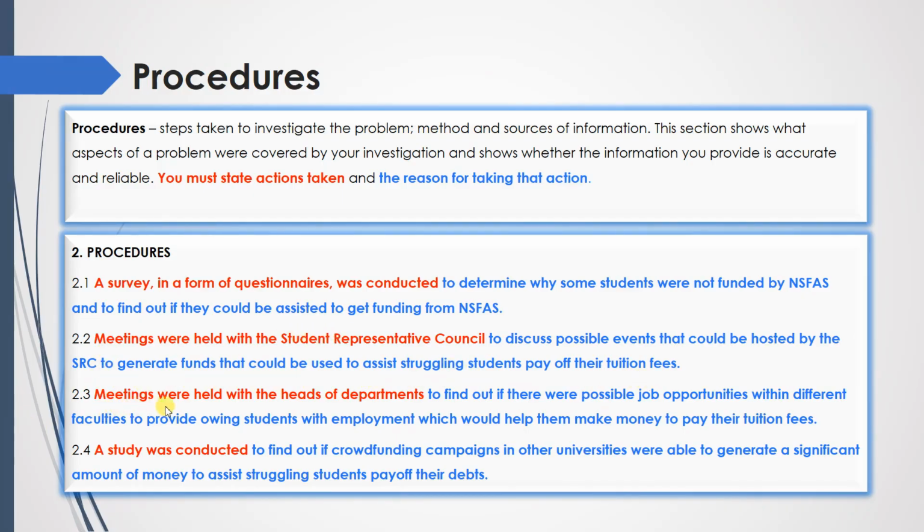The third one is meetings were held with the heads of departments to find out if there were possible job opportunities within different faculties to provide owing students with employment, which will help them make money to pay their tuition fees. And the last procedure that was taken is a study was conducted to find out if crowdfunding campaigns in other universities were able to generate a significant amount of money to assist struggling students pay off their debts.